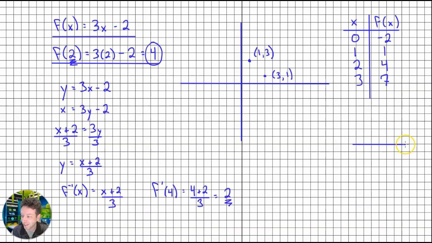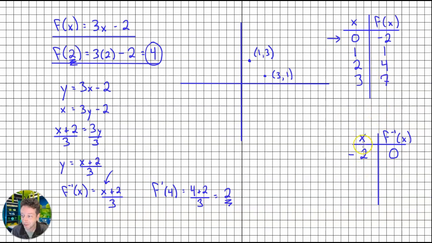And we can watch the power of our inverse function. If we took, say, a certain value, and we figured out what its inverse would spit out. So let's take that negative 2, which is the output of our original one. Negative 2, if we put that into our inverse function, negative 2 plus 2 is 0. 0 divided by 3 is 0.